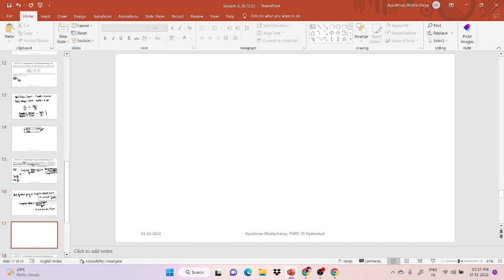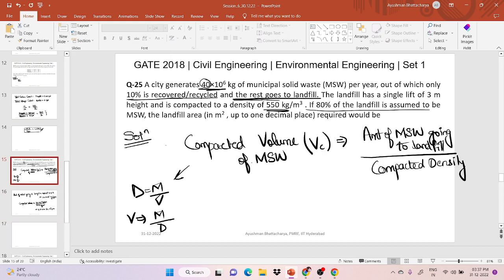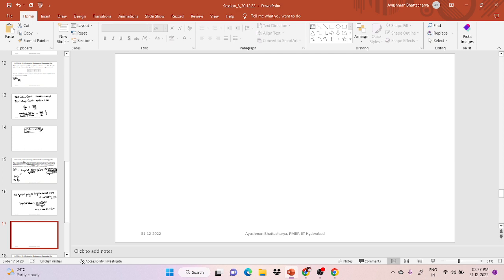Now, we have to calculate the landfill area. The question says 80% of the landfill is assumed to be municipal solid waste. So we can say that the volume of municipal solid waste is basically 80%, that means 0.8 into the total landfill volume.